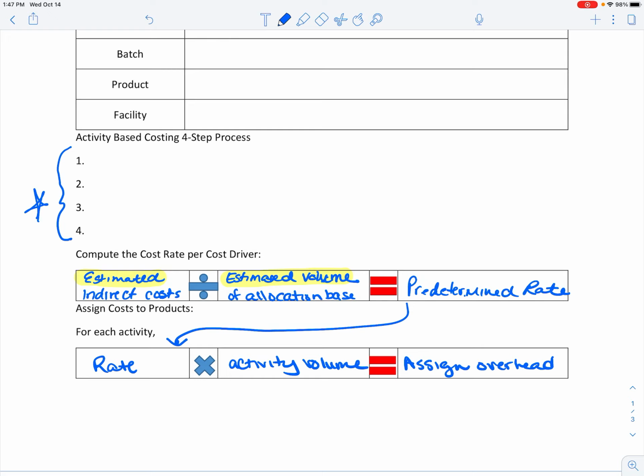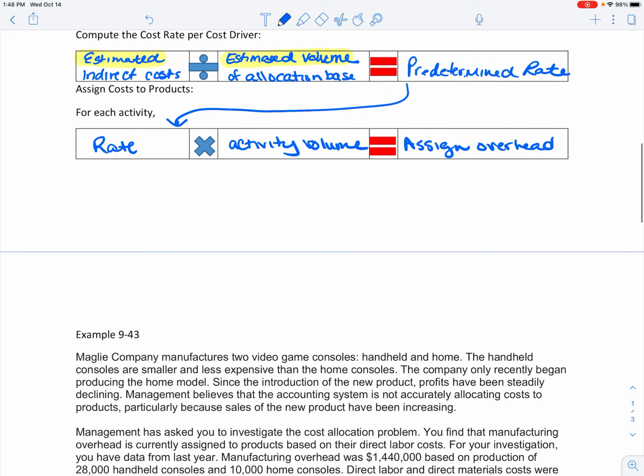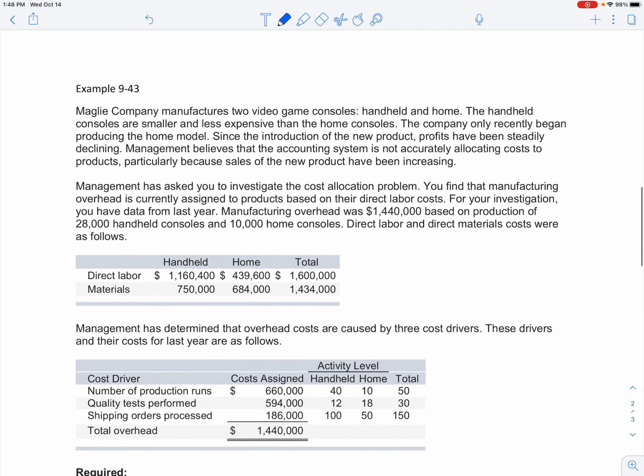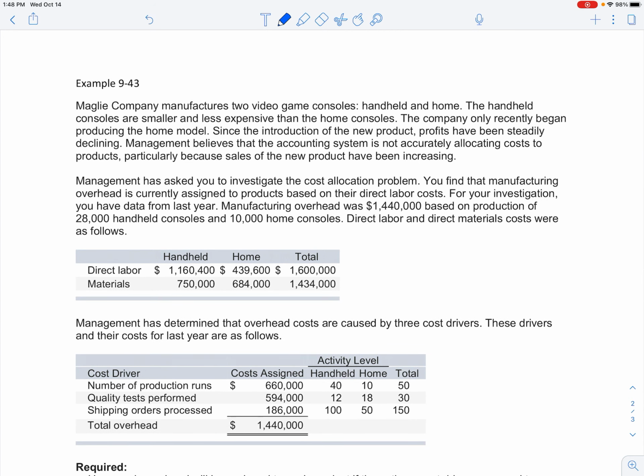The only way to really teach you how to do this is to do a problem with it. So we're going to walk through this problem here. It's example 9-43 in your book. This company has 2 different products, a handheld video game and a home video game. Again, we're going to find out how they're costing these items and if the product cost is appropriate. We're going to compare activity-based costing and traditional costing. As you can see, they're giving you a lot of information.